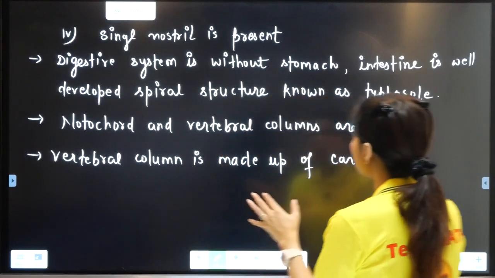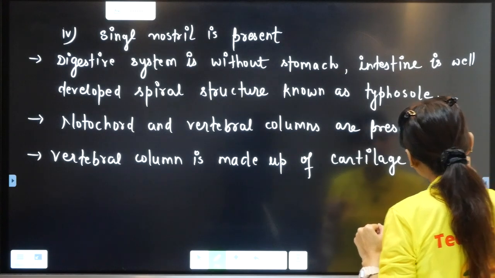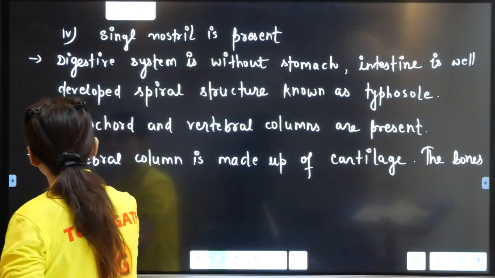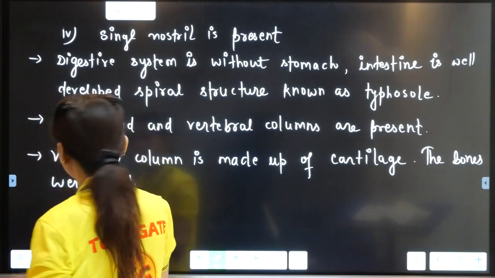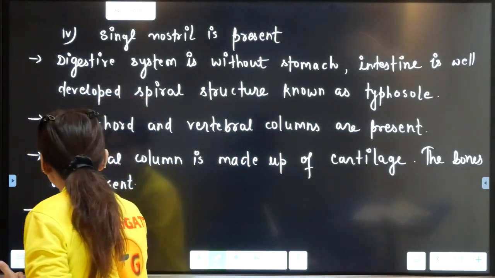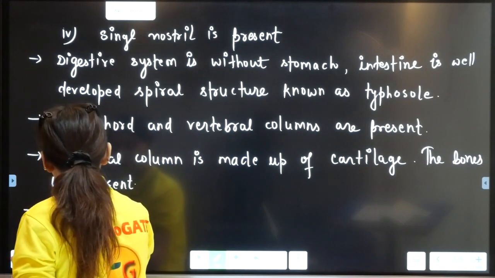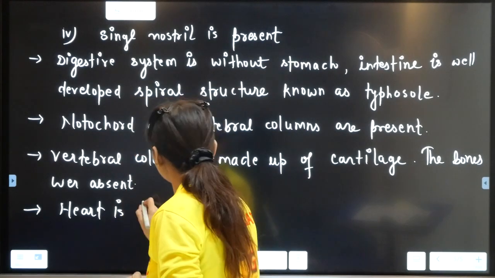So vertebral column is made up of cartilage. Note down, the bones were absent. Clear? There were no bones. Now write down the next point about the heart. Heart is two-chambered.